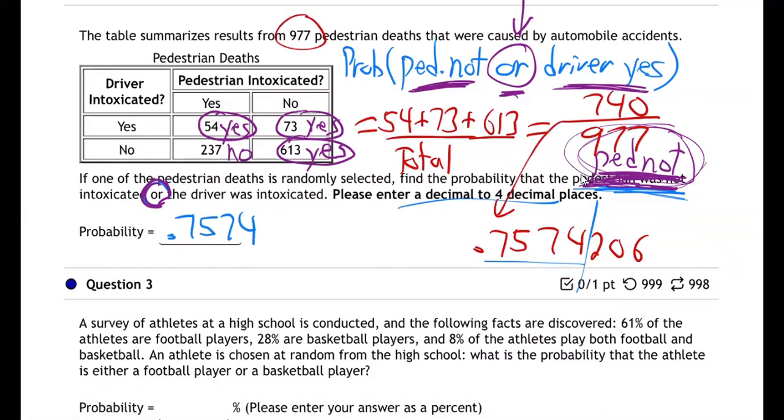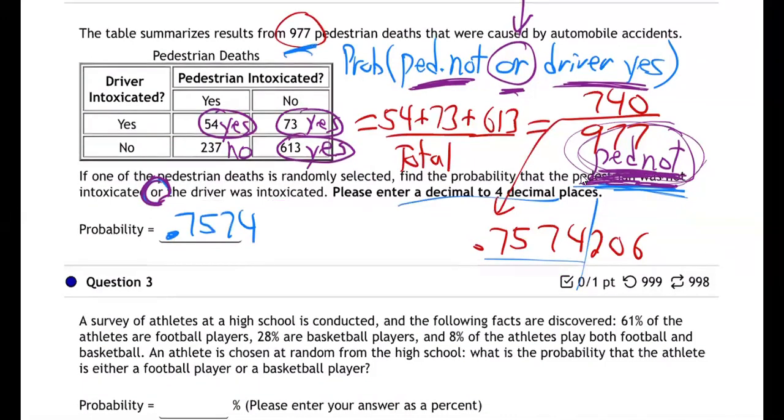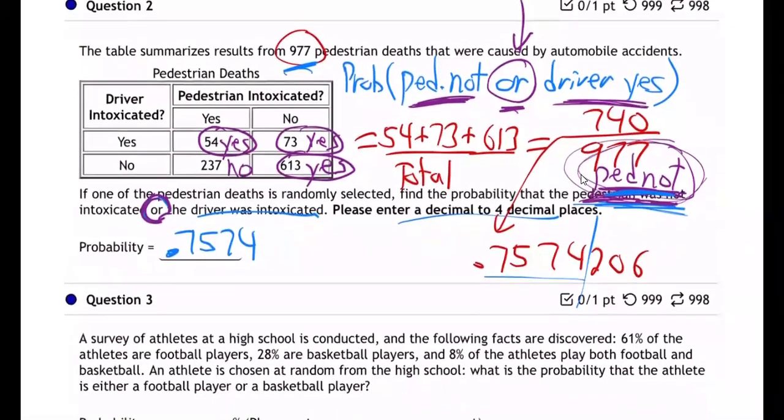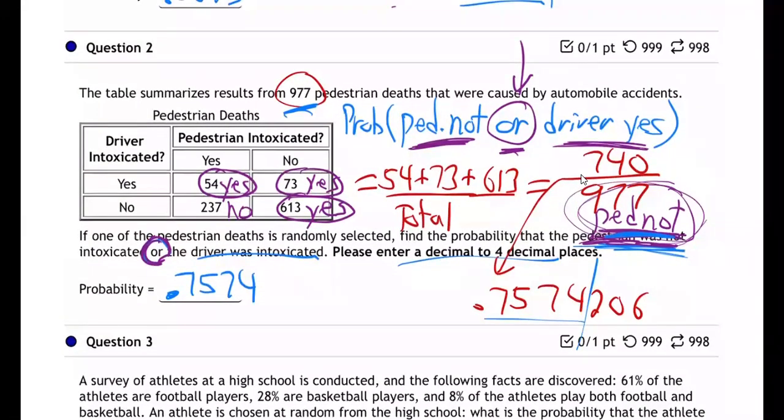So what that means is about 75% of all the pedestrian deaths, in 75% of the cases, either the pedestrian was not intoxicated or the driver was intoxicated. In 75% of the cases. There we go. So that is the meaning of the word or.